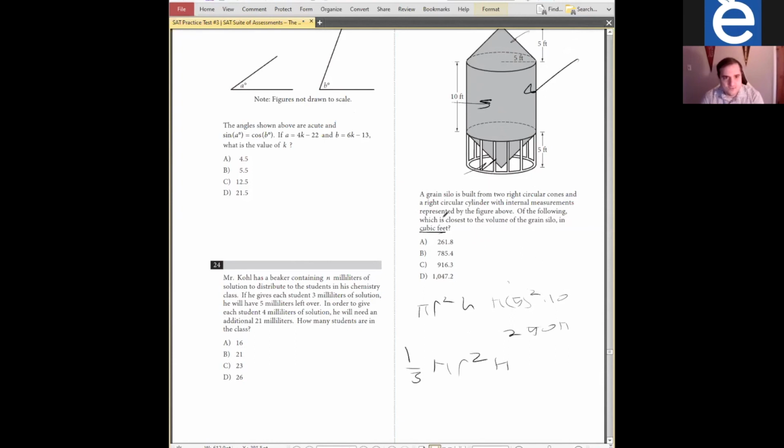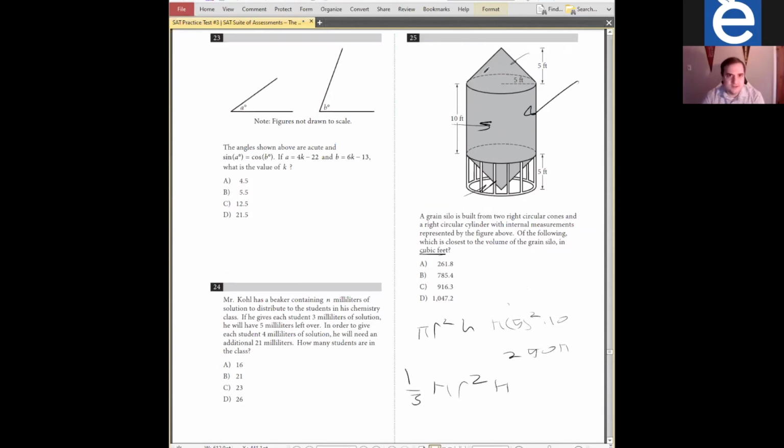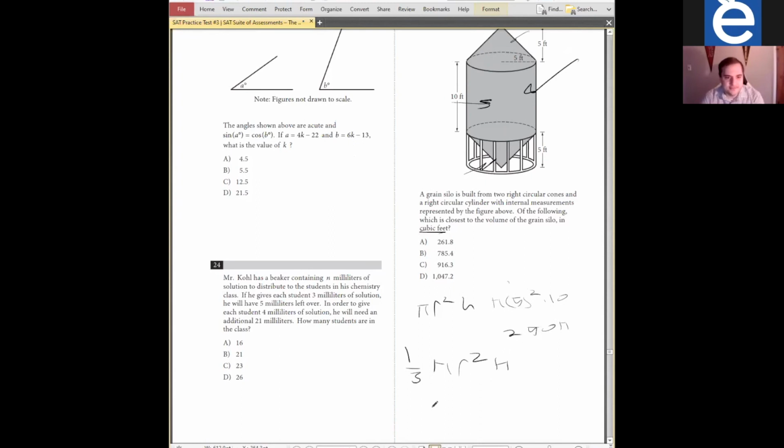And then we have the cones. The cone is going to be 1/3 pi. Now r there is still 5, so we'll just go straight to 25 for the purpose of simplicity, times 5. So that is going to be 125 divided by 3 times pi, and we're going to have 2 of those. So 250 divided by 3 pi.